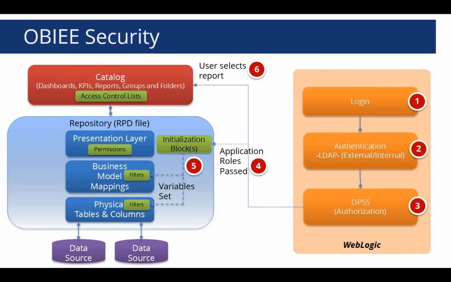Once they click on and exercise an artifact, be it a report or a dashboard, the logic defined in the RPD file then fires. And so the layers of security there are the permissions within the presentation layer, those are mapping out to the application roles, and then at a lower level, the data filters that have been set up at the BMM and physical layer.